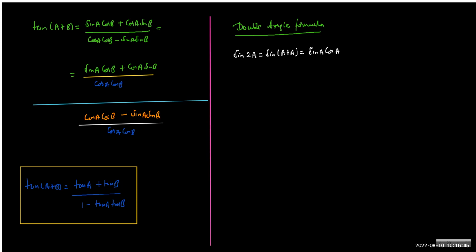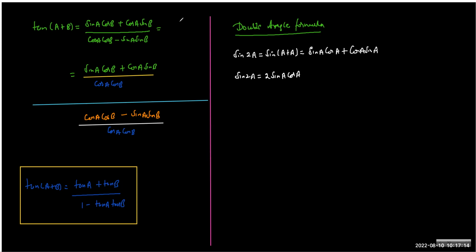So sine A cos A, plus cos A sine B, which is again the same answer. If you substitute B by A in the compound formula, you get the same answer. So sine of 2A is twice sine A cos A.